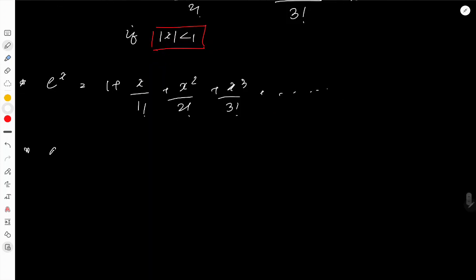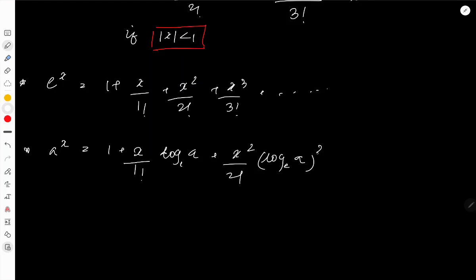And then we can write a to the power x as 1 plus x upon 1 factorial into log of a, of course to the base e, plus x square upon 2 factorial into (log of a to the base e) squared, and so on.